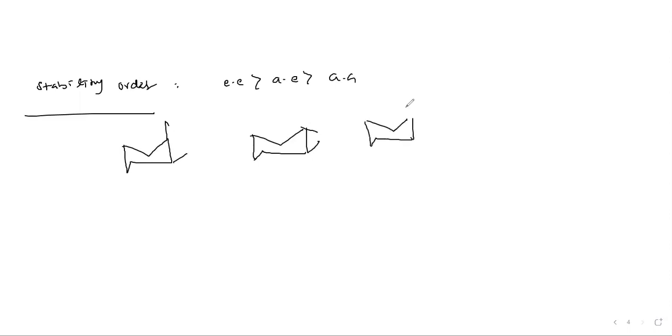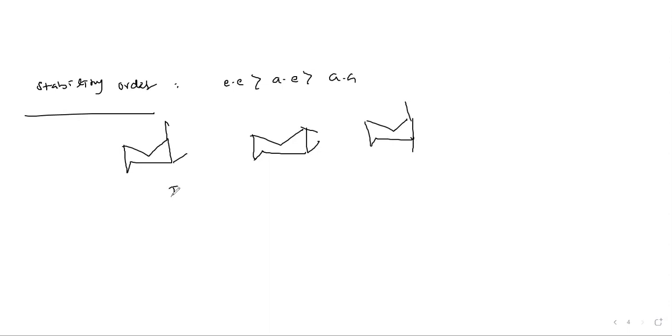Always equatorial is more stable than axial. Okay, a question can be given like this. This is a question. One is equatorial and another one is axial. Then both are equatorial, then both are axial.